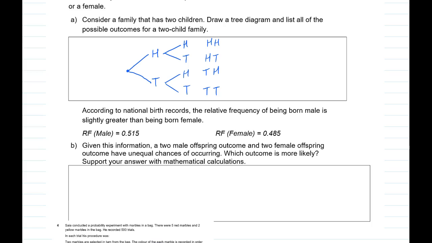Okay, so your job is just to take the numbers and the calculations I do and do it with the male, female, as opposed to heads, tails, and do it with these numbers, the 0.515 and the 0.485, as opposed to the 60% and the 40% I'm going to do it with.